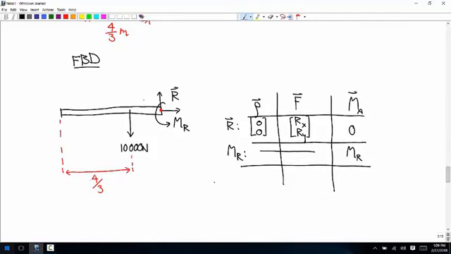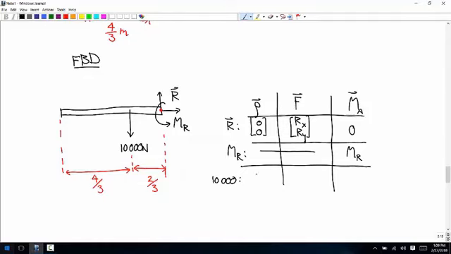Then we have the 10,000 newton force. The rho vector, well, since our about point is over here, the distance we really need is this. The whole thing is 2 meters. This part that we don't care about is 4/3, so this is 2 minus 4/3, so 2/3.